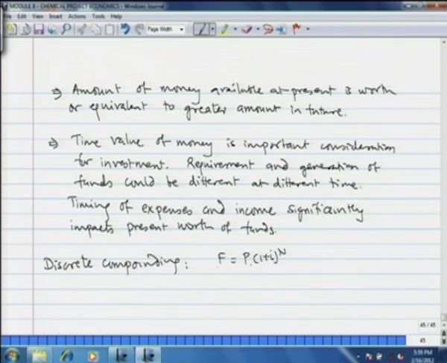This is the future value of present money. We can reverse this and write P is equal to F into (1 + I) raised to minus n. This factor, (1 + I)^(−n), is called the discount factor.